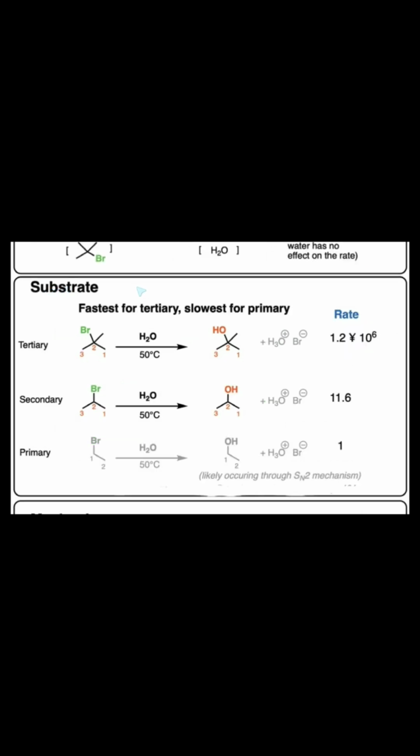The substrate may be a tertiary alkyl halide, secondary alkyl halide, or primary alkyl halide. So this experimental data shows that SN1 is most favored by tertiary alkyl halide, and if you look at the rate, it's a very high rate. But for the primary alkyl halide, the rate is very slow.